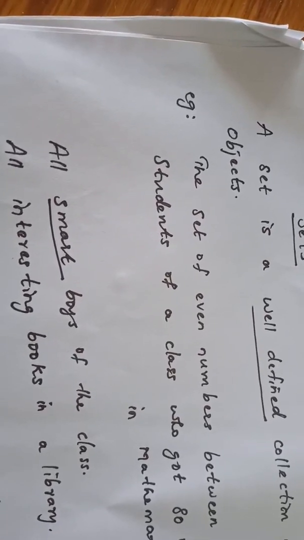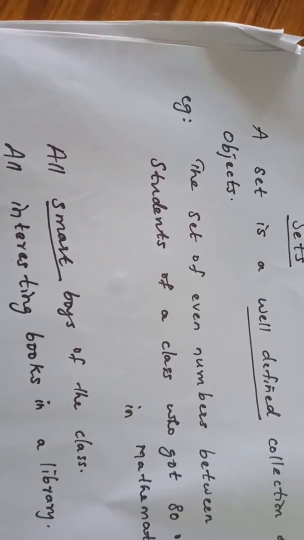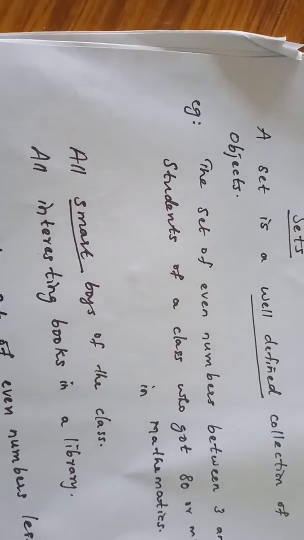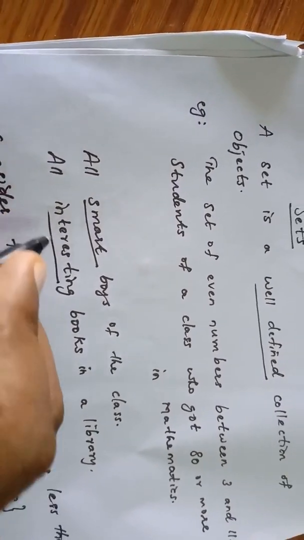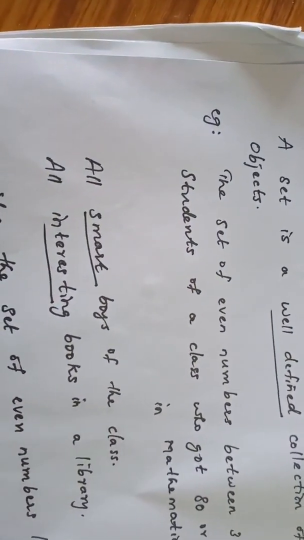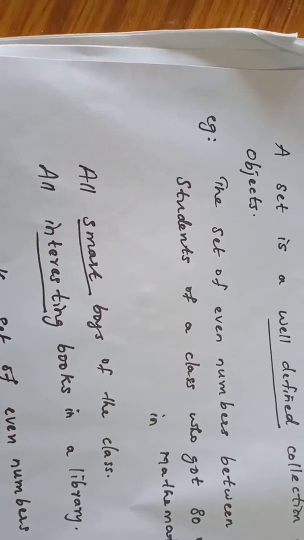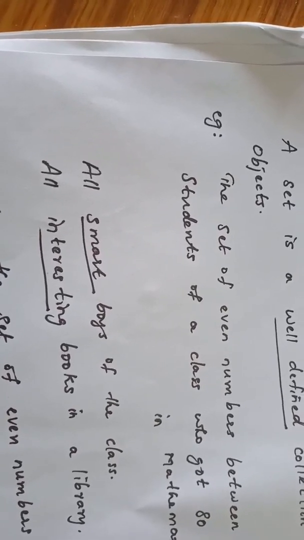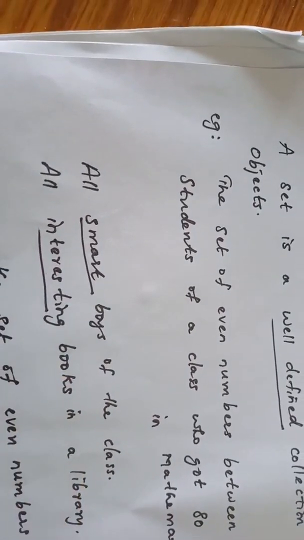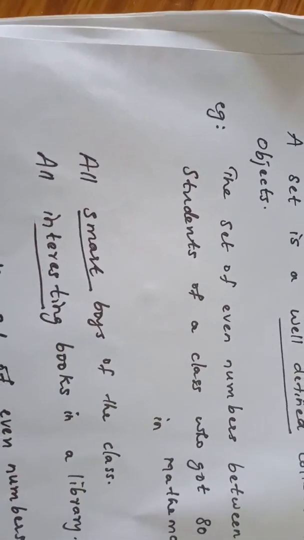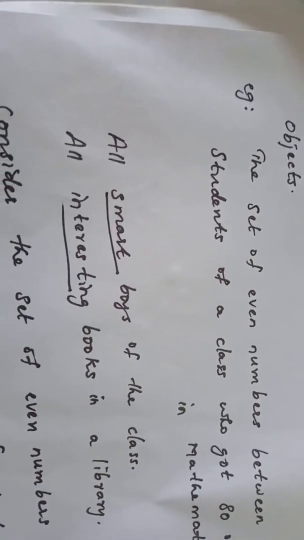So here the word smart is not well defined. Same way the word interesting is also not well defined. So hence these two are not sets, because different people have different notions about the words smart and interesting, and the sets are not well defined.